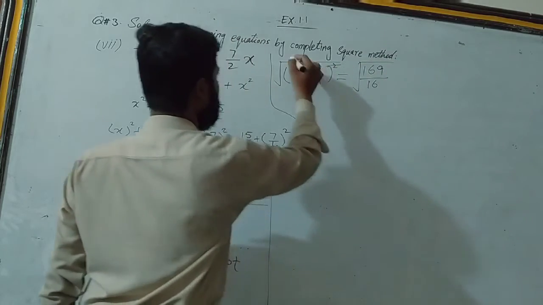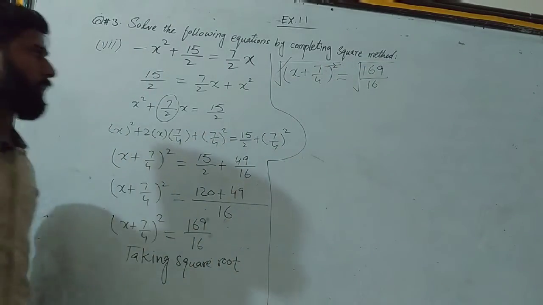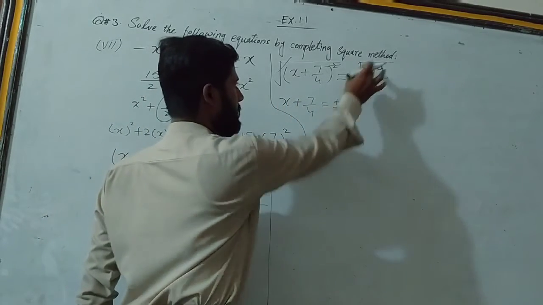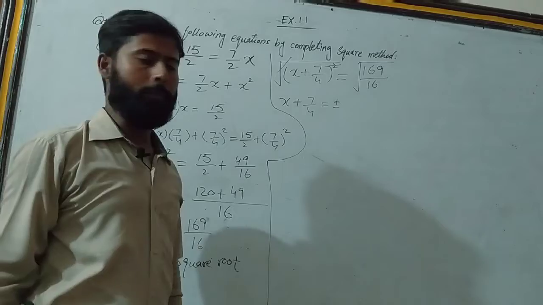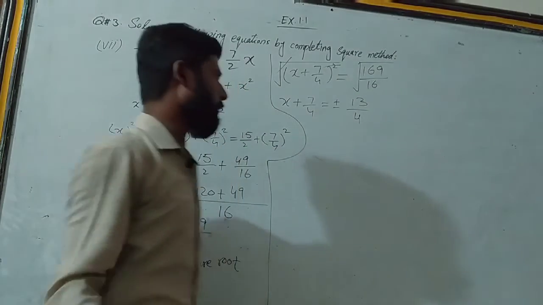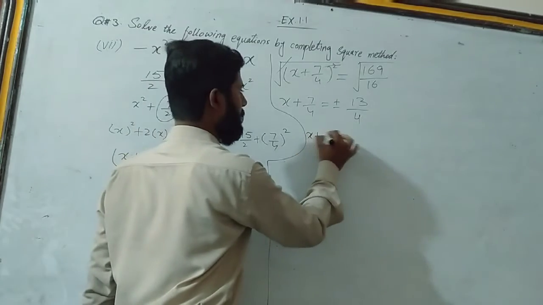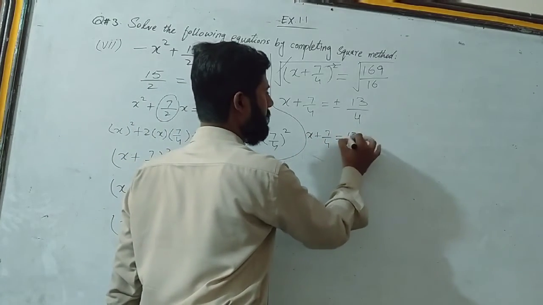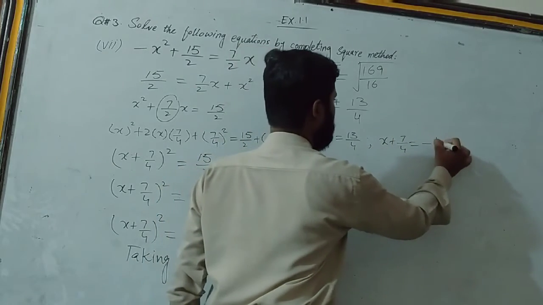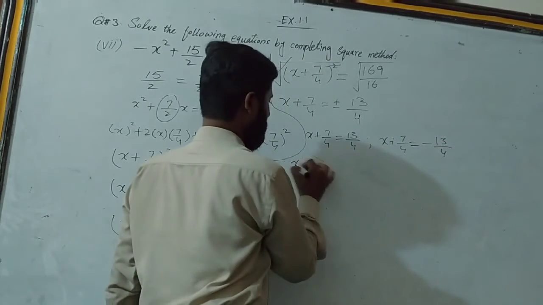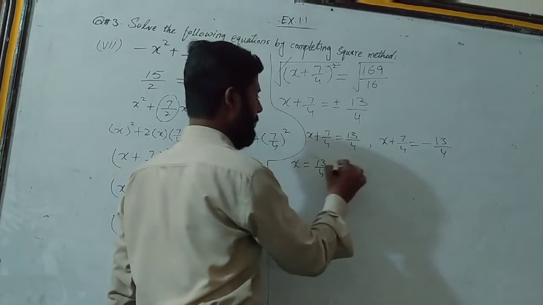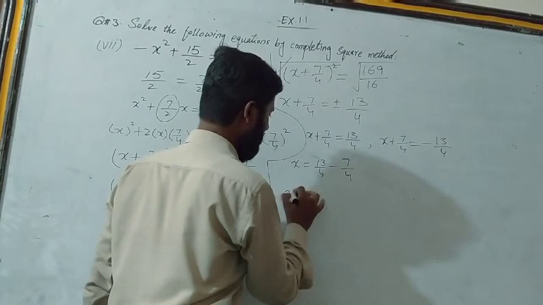The square will cancel with the square root, and x plus 7 over 4 is equal to plus minus. 169 is the perfect square of 13 and 16 is the perfect square of 4. One time we will write with plus 13 over 4 and one time with minus 13 by 4. Now this plus 7 over 4, when we take it to the other side, it will be minus 7 over 4.